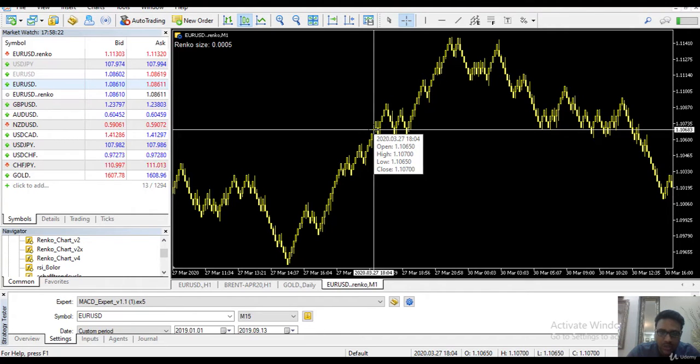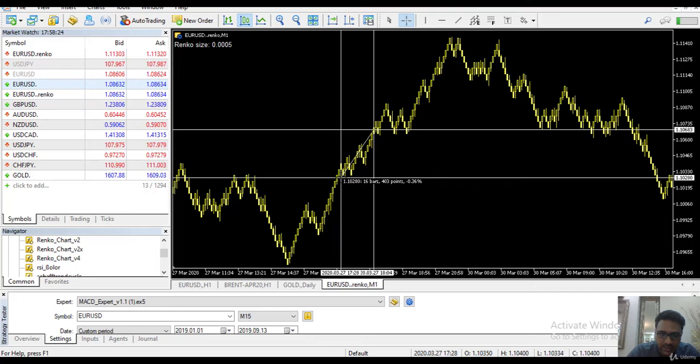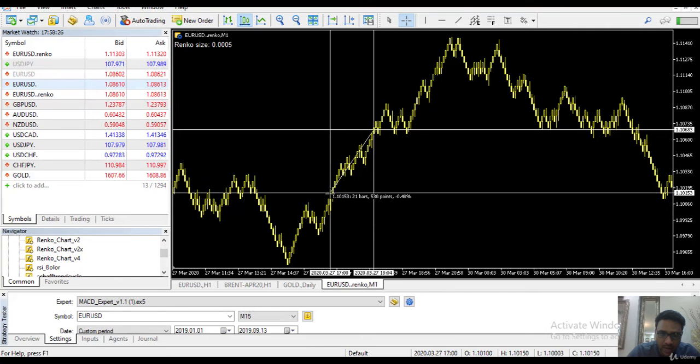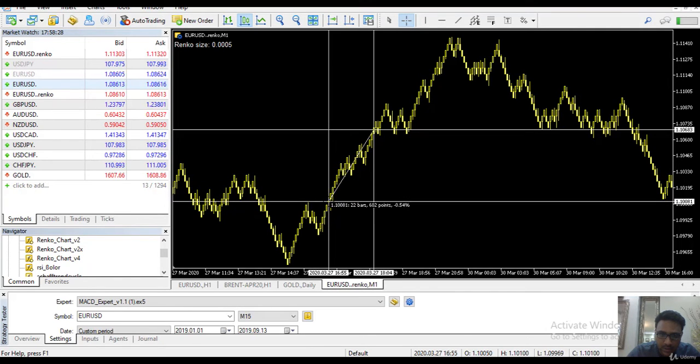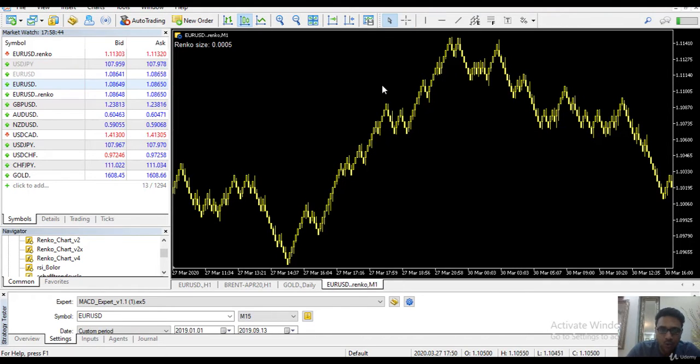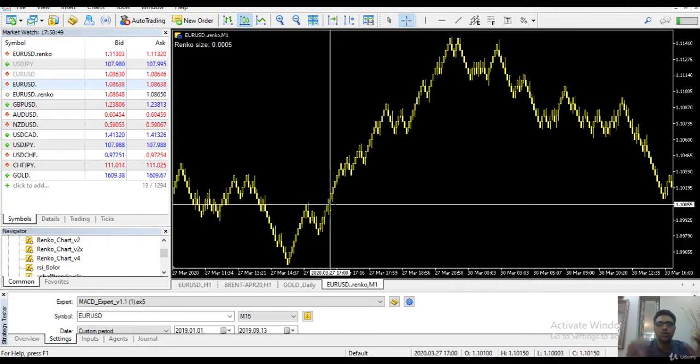You can see this candle has moved around 21 bars. So 21 bricks were used in one H1 time frame of the Euro USD. And the good thing about this is you can see exactly how the prices have moved within that 1 hour without going into the lower time frame.